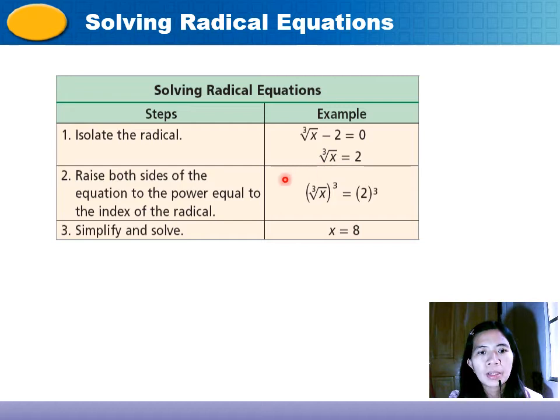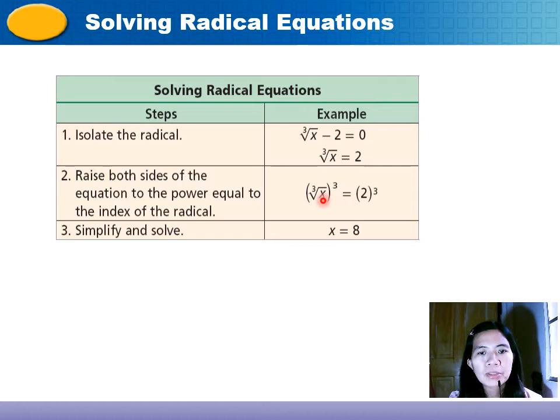Next, raise both sides of the equation to a power equal to the index of the radical. Here our index is 3, since it's a cube root of x.